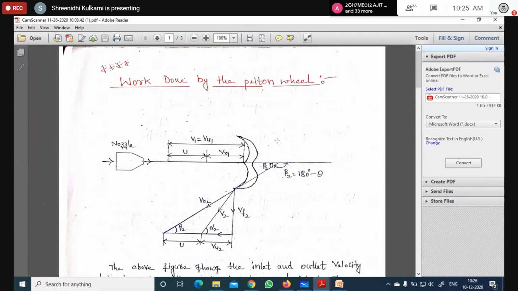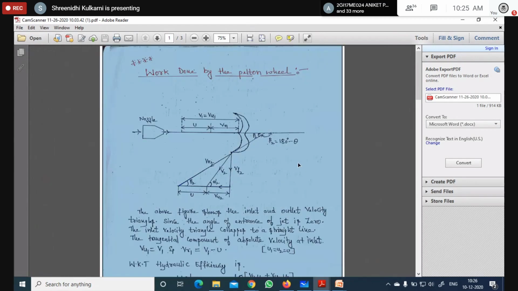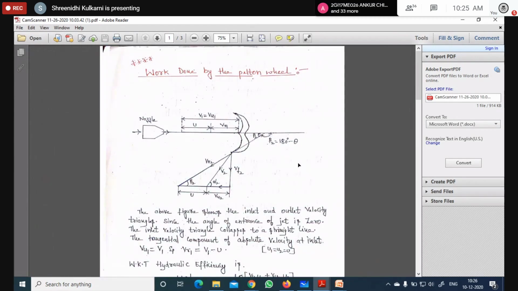Clear? They are going to ask for the work done by the Pelton wheel, or to show or prove the maximum hydraulic efficiency.